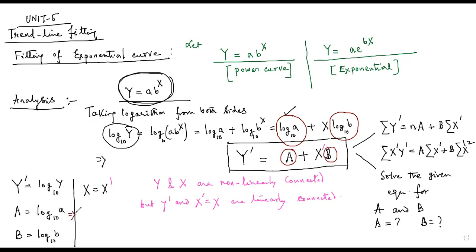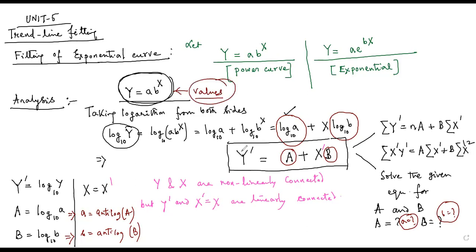So if capital A is logarithm of small a, then small a will be the antilog of capital A. And if capital B is logarithm of small b, then small b will be the antilog of capital B. So once capital A and capital B are found, we can easily find the value of small a and small b. Once these values are obtained, we put them over here, and we get our required power curve.